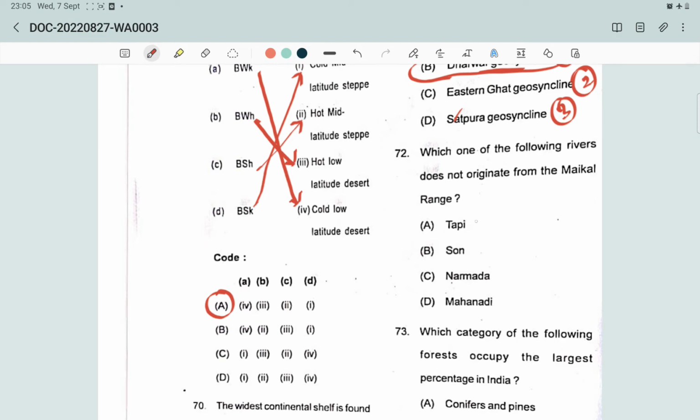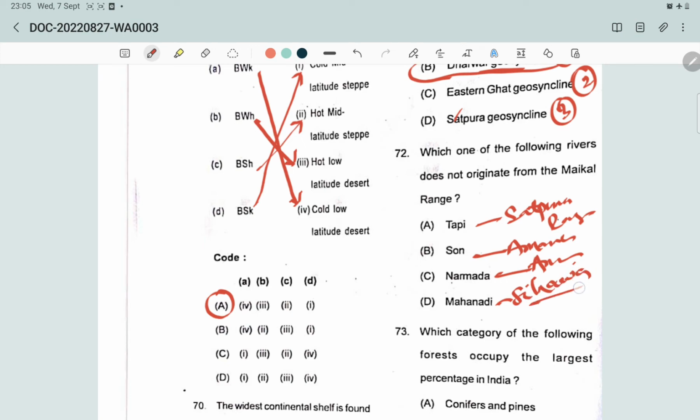Tapi originates from the Satpura Range, and the Son River, an important right bank tributary of the river Ganga, originates from the Amarkantak highlands in the hills of Maikal Range. Narmada also originates from Amarkantak, and Mahanadi also originates from the Sihawa mountain of Maikal Range. So only the river Tapi does not originate from the Maikal Range, it originates from the Satpura Range.